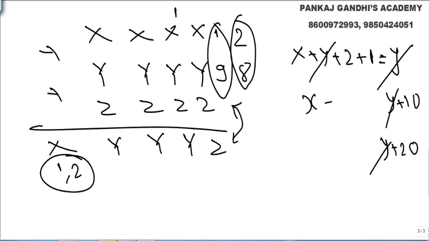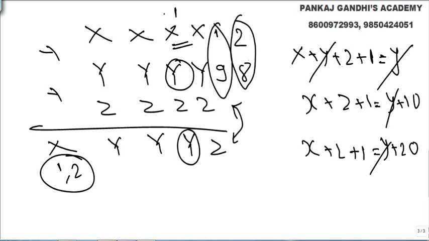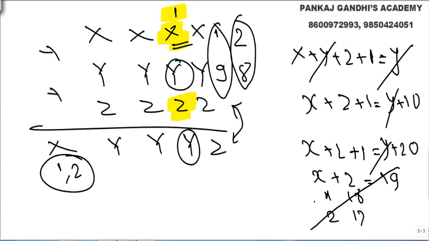If y gets cancelled, then x plus z plus 1 is 10 or 20. To get 20, x plus z would be 19, with 1 it's 18, with 2 it's 17, but a digit cannot be more, so this is 10.